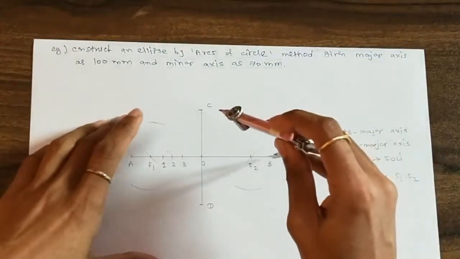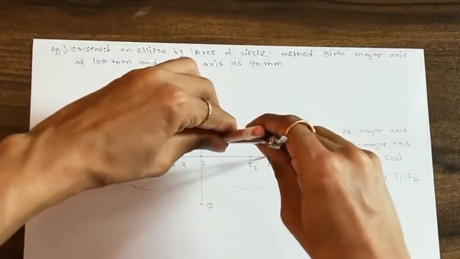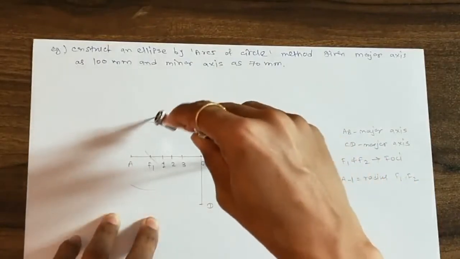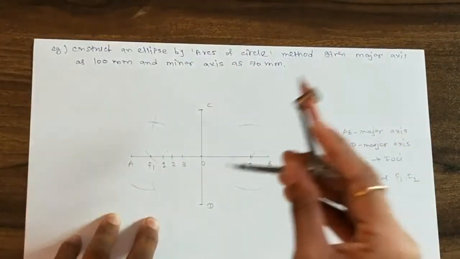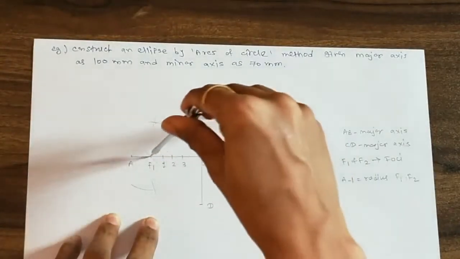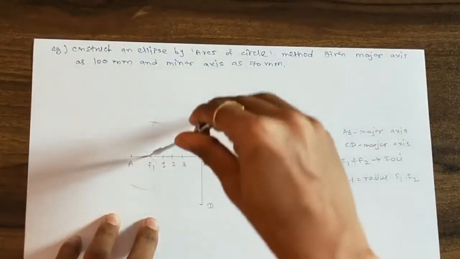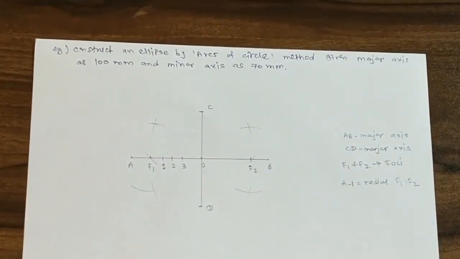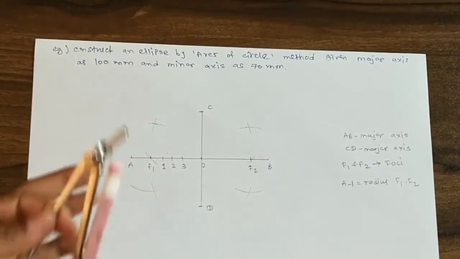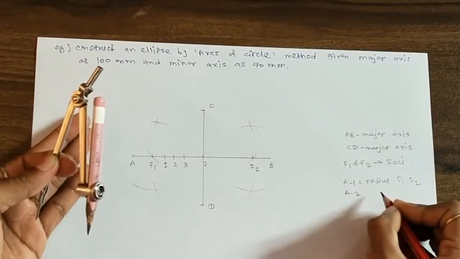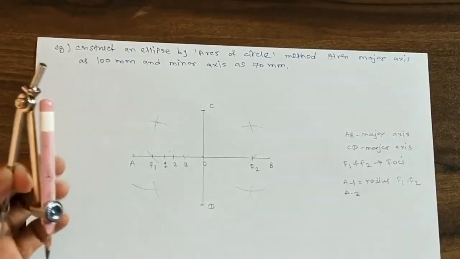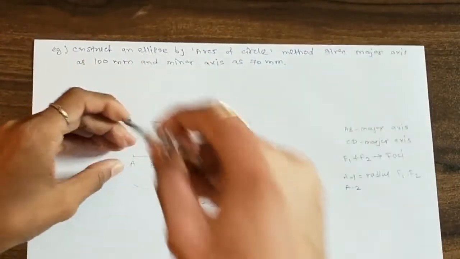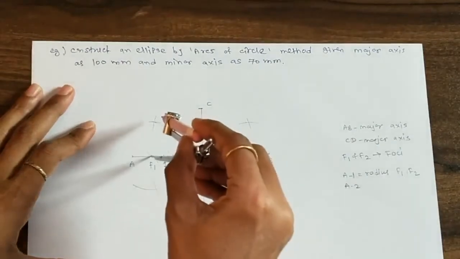Now take B1 distance as radius and F1, F2 as centers, and cut these previously drawn arcs. Then take A2 as radius and F1, F2 as centers.